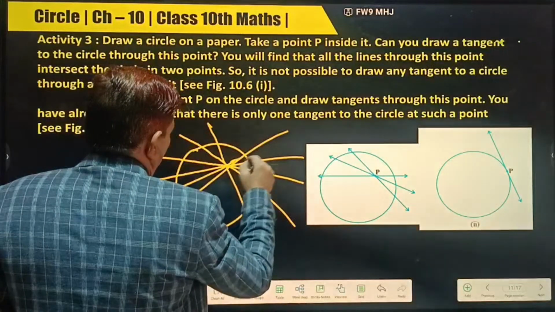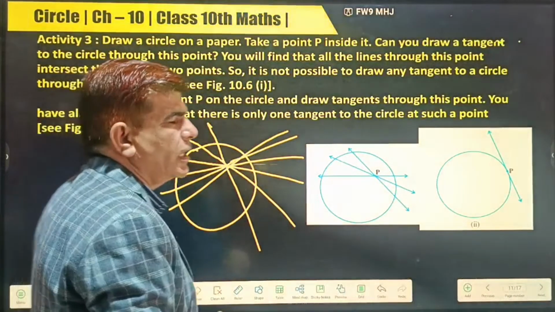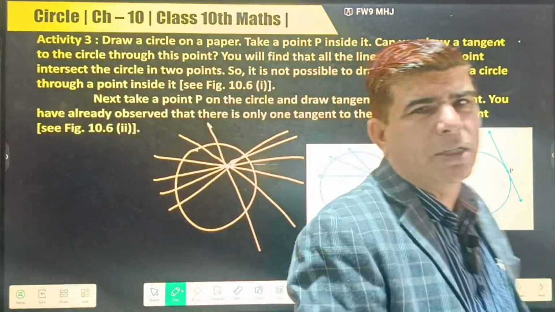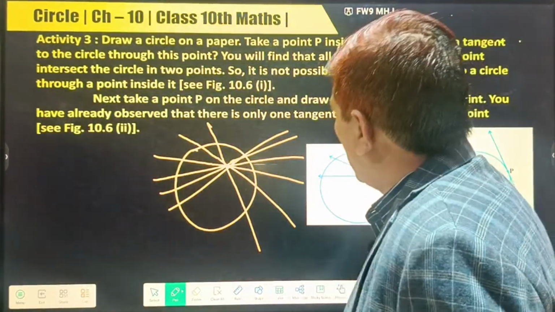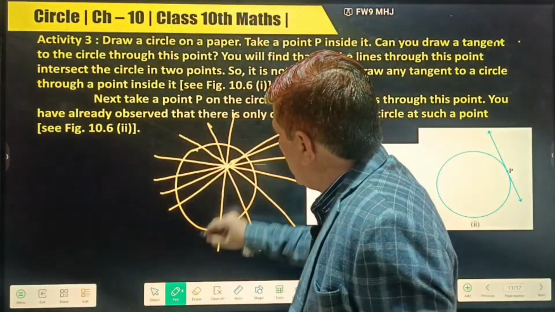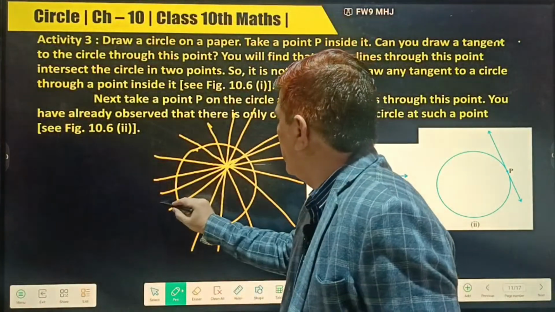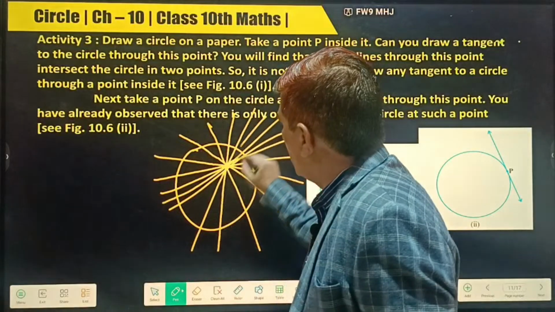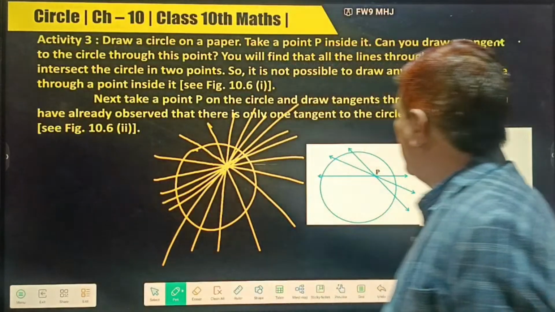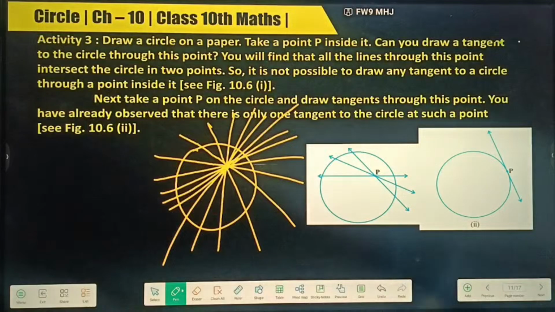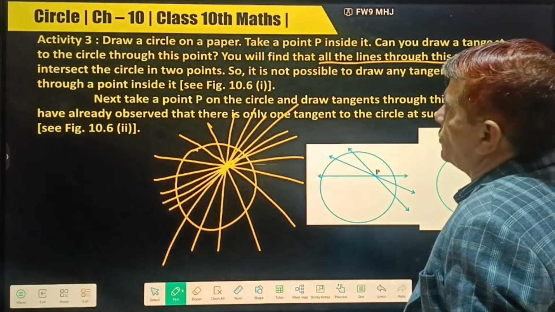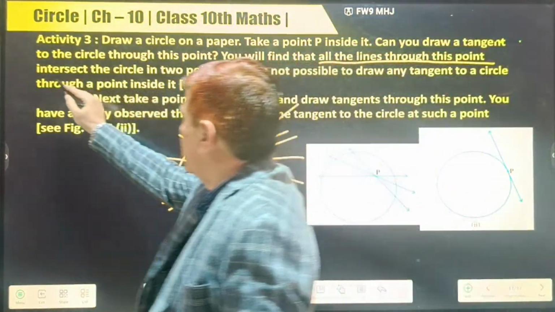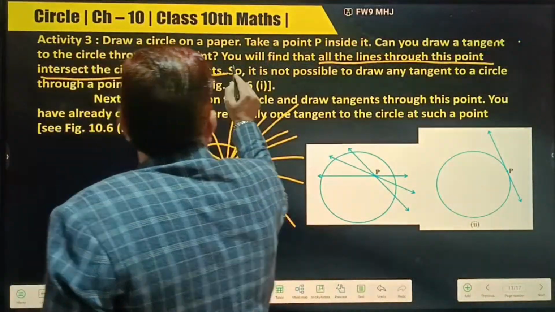But all the lines, what happens? They intersect the circle at how many points? Intersecting the circle at 2 points. As many as you want, you can draw. How many lines are possible? Infinite. But all cut the circle at how many points? 2 points. You will find that all the lines through this point intersect the circle at 2 points.